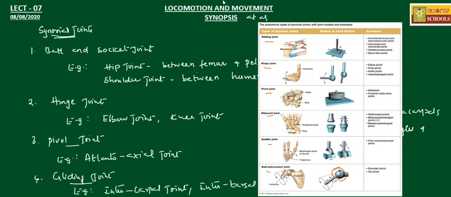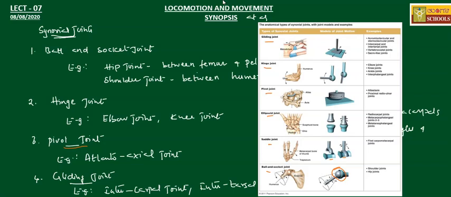You will find the ellipsoidal joint in the wrist bones here, and then the pivot joint between the atlas and axis, which I mentioned as the atlanto-axial joint. Then you can see the hinge joint.